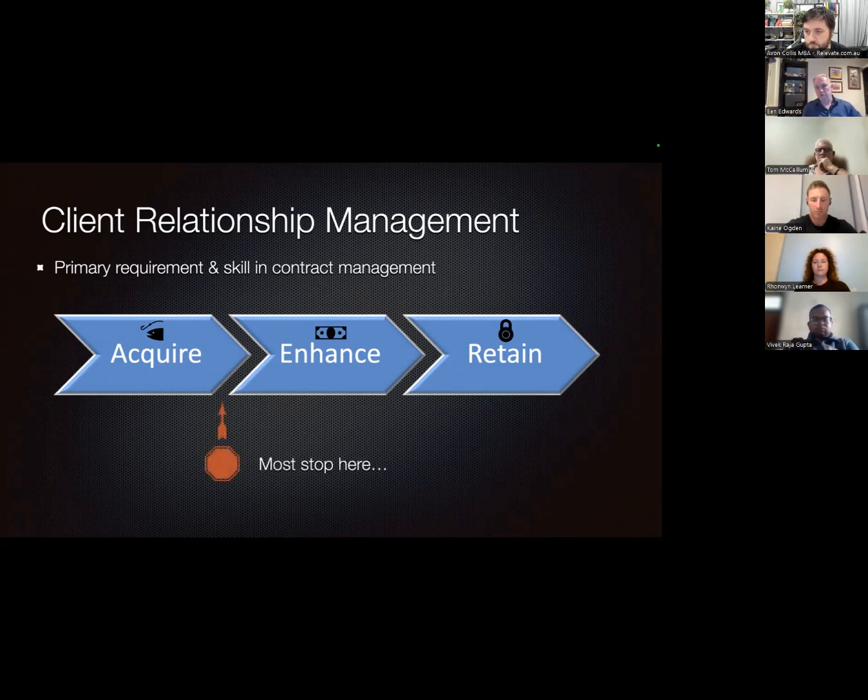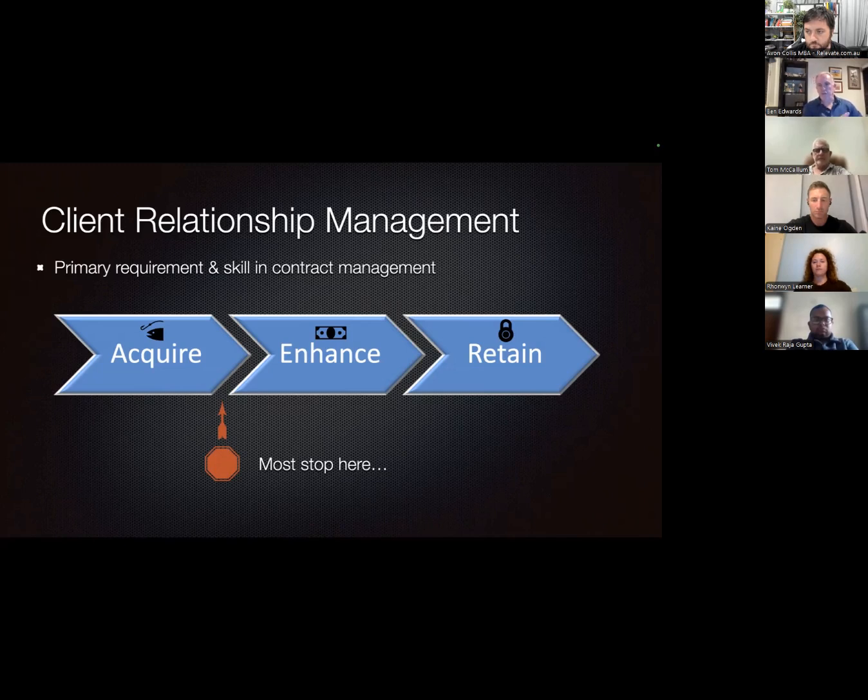Many B2B service contractors stop at the acquisition of the client. They think we've got a contract, okay, next sale or next contract, and so on. In history, in many contracts, the easiest growth opportunity for the business is organic growth within that contract. It's additional services, scope creep, value-added services, things like that.